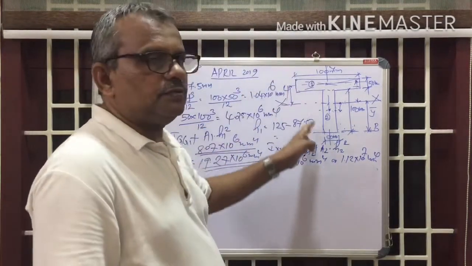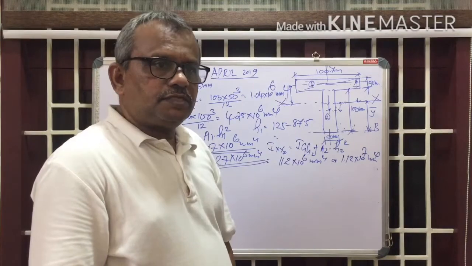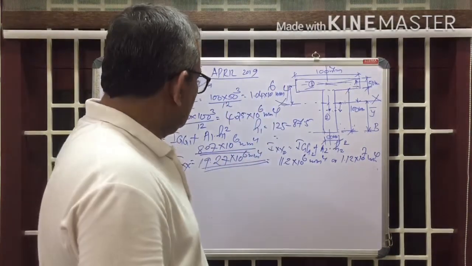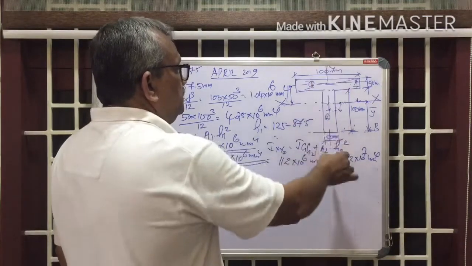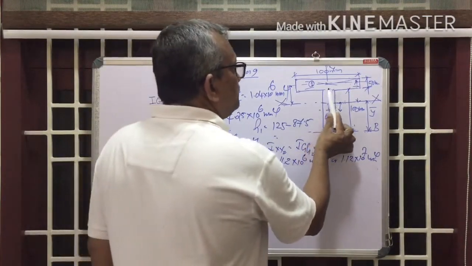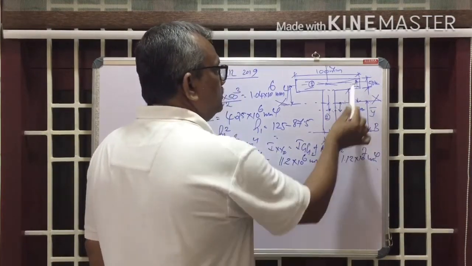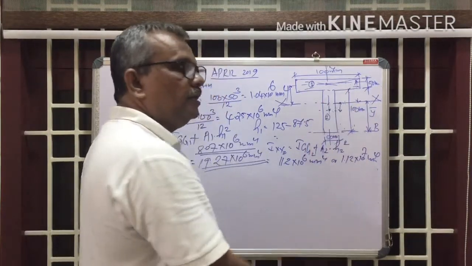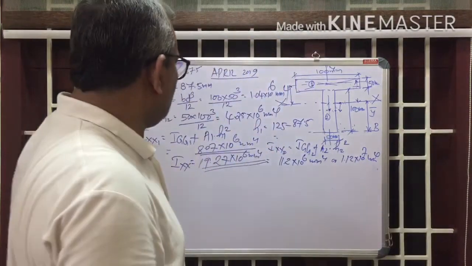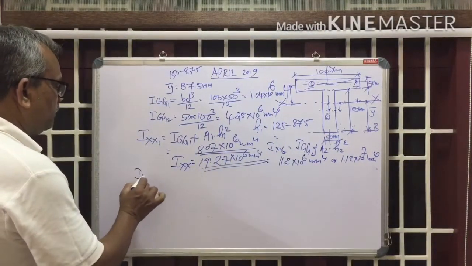So we got the moment of inertia. That is the method by applying the parallel axis theorem. Now, to get Iyy, see, this is yy. Since the section is symmetrical about yy, there is no need of the parallel axis theorem. Directly you can find Iyy1 and Iyy2.